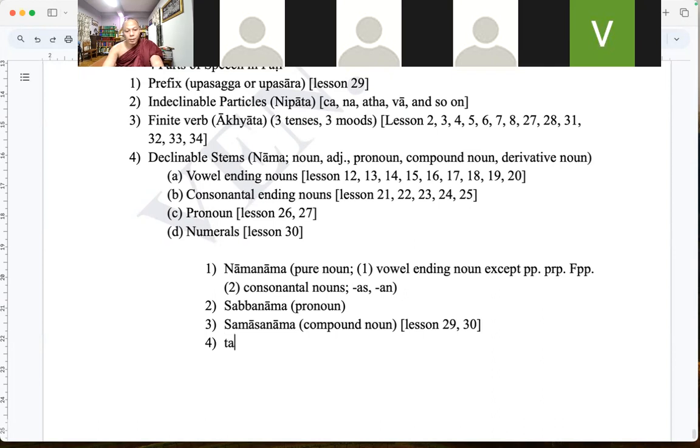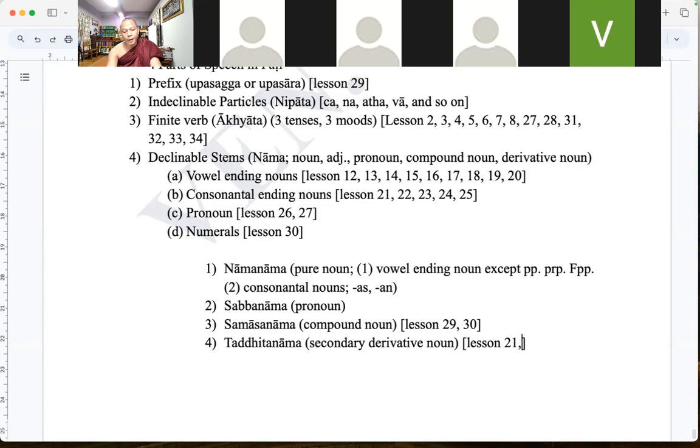And then the next one is taddhita nama. So taddhita nama is secondary, so derivative noun. So that one is actually about the possessive adjectives, so lesson 21, possessive adjectives.